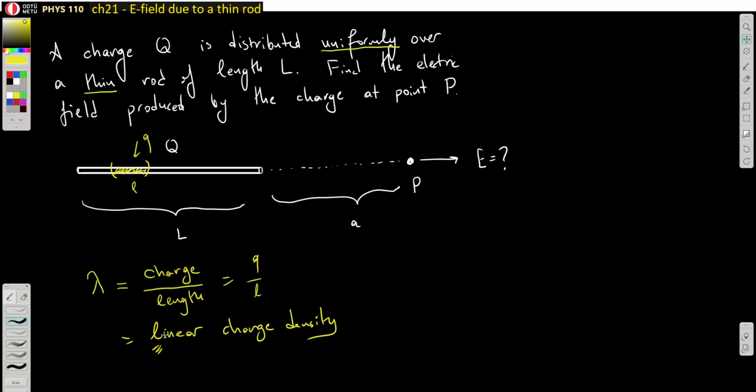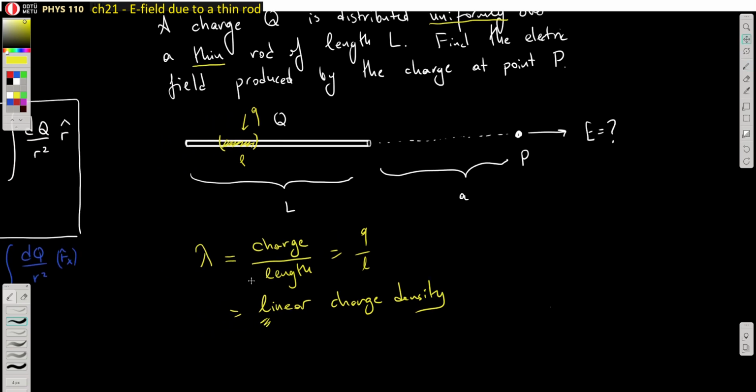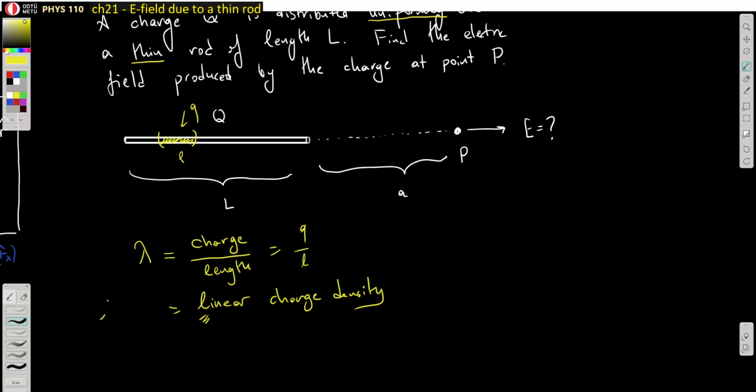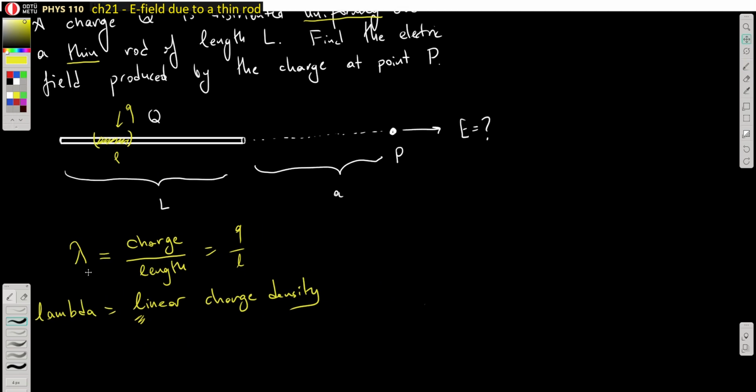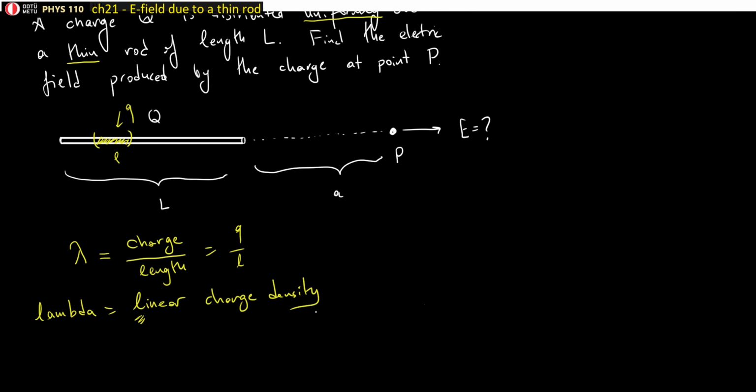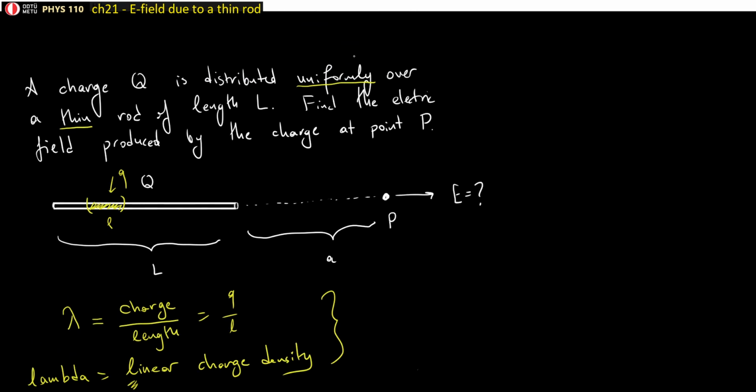Because the letter L corresponds to the Greek letter lambda. So uniform means that the linear charge density is constant. Since the total charge is Q and the total length is L, the linear charge density is Q divided by L.